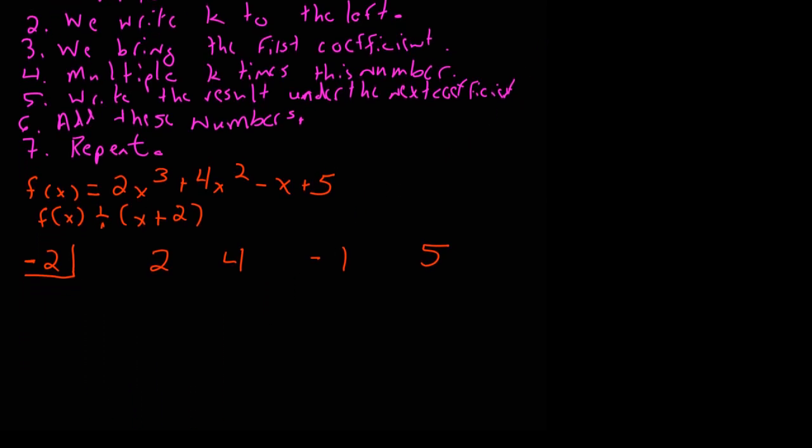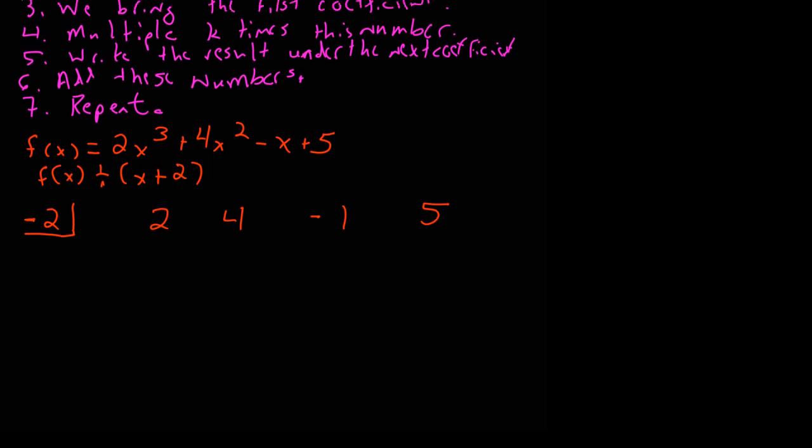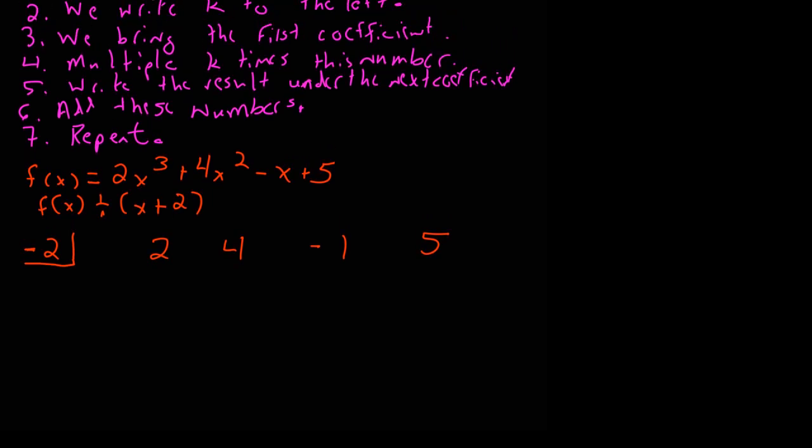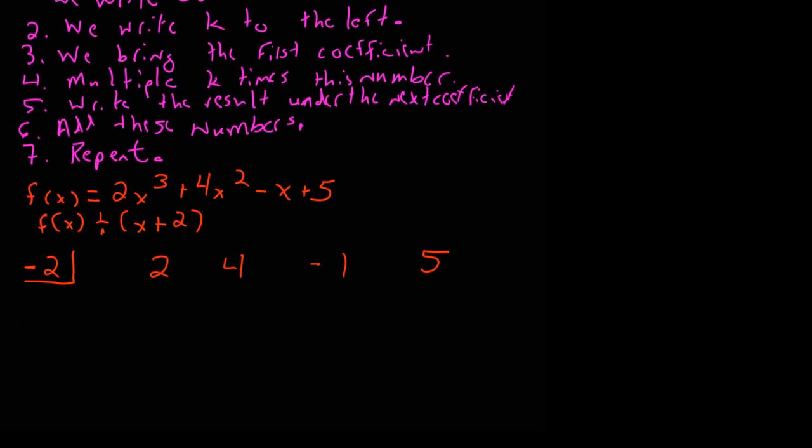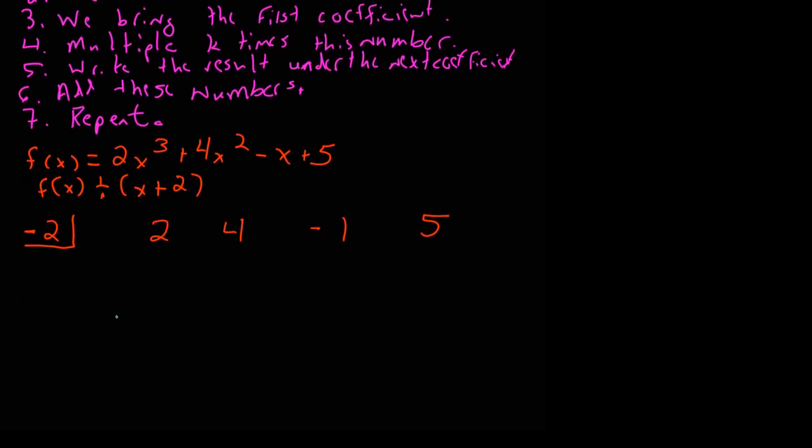All right. I'm going to scroll down to step 3 because now I'm in the repeat mode. I wrote my coefficients, and I wrote my k to the left. Now I'm going to give myself some room, and we're going to bring down the first coefficient. So I'll draw a line here, and I bring down 2. Multiply k times this number.